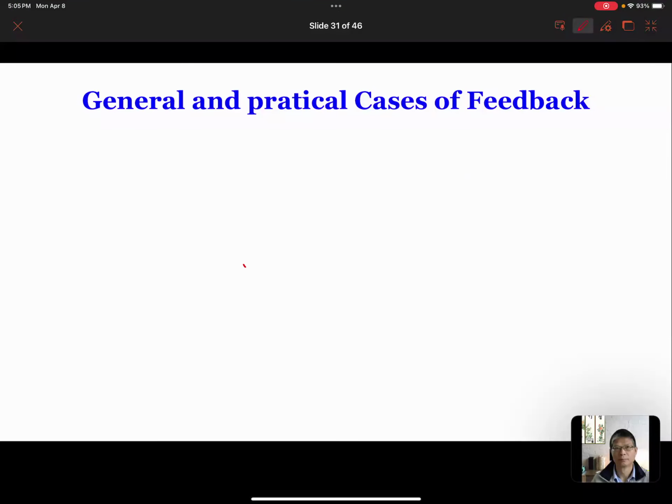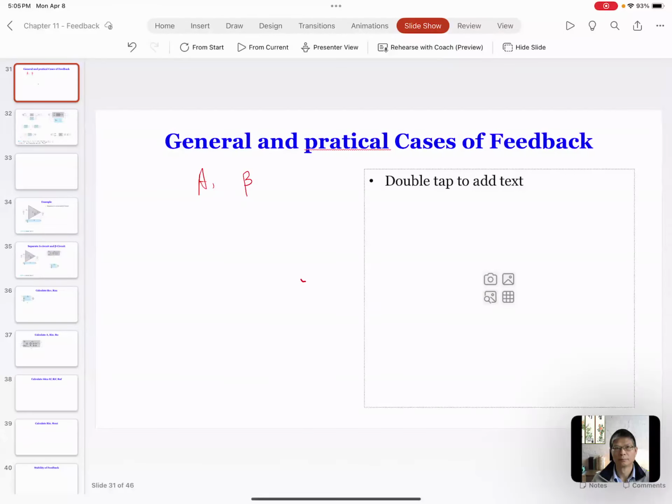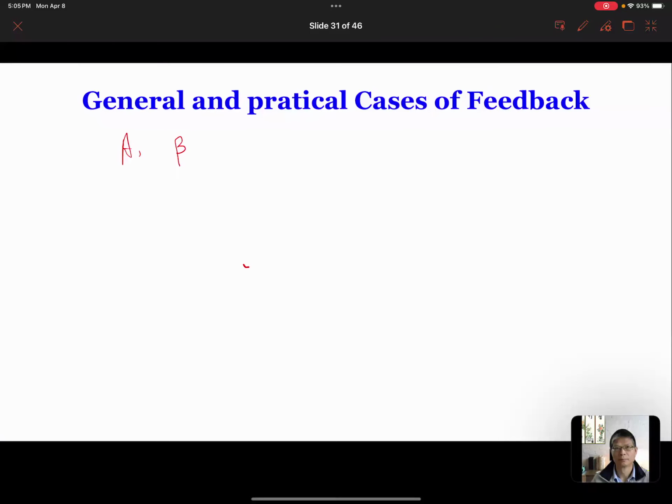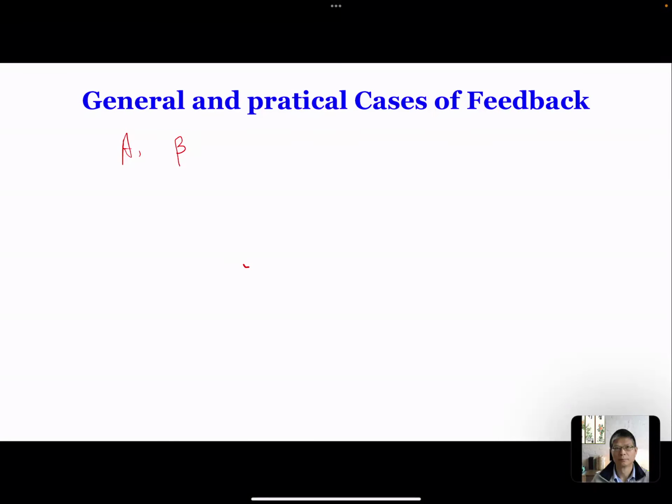You have the open loop gain, the feedback network gain, and then your closed loop gain AF, which is equal to A over 1 plus beta times A. And then you also have your input and output resistance.